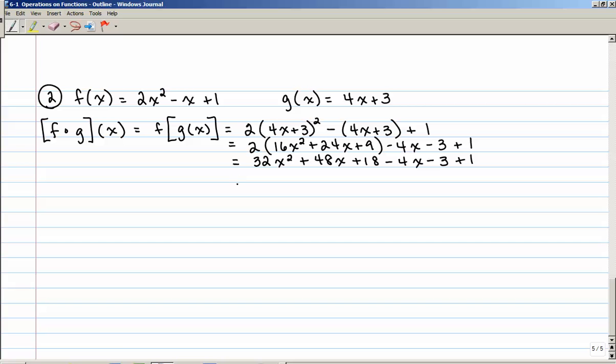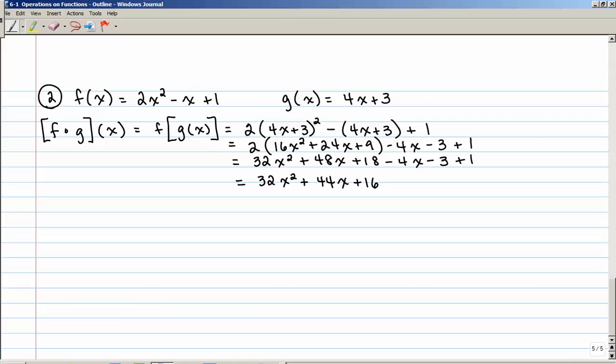And now let's just combine like terms to get our final answer. 32x squared plus 44x, and then that's going to give me 15 plus 1, 16. Okay, so that's f of g of x.